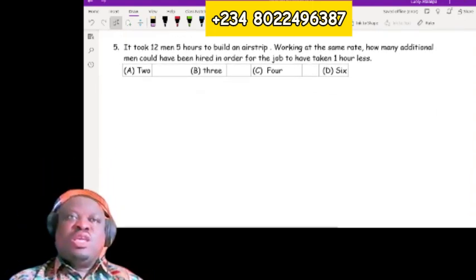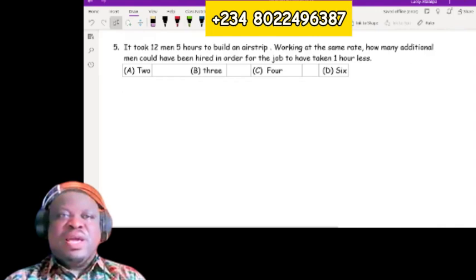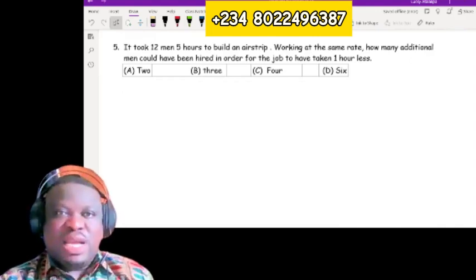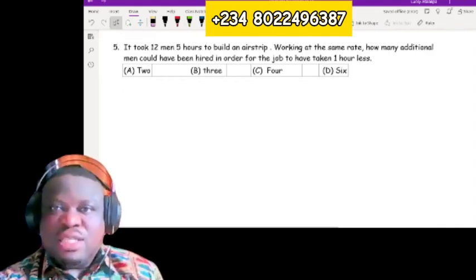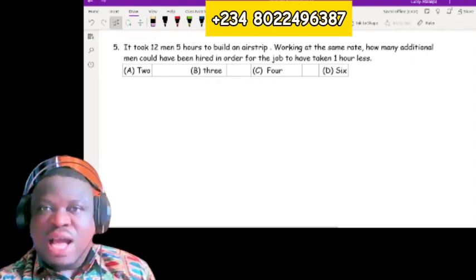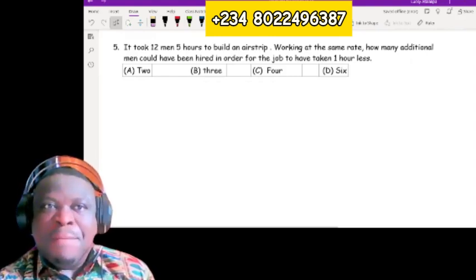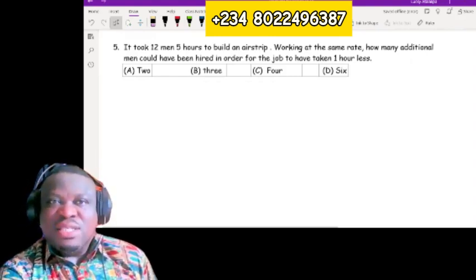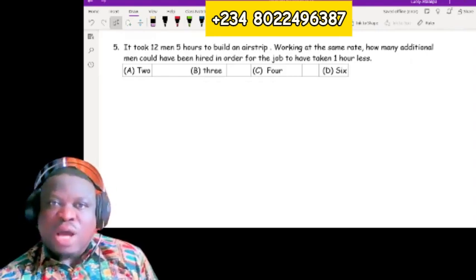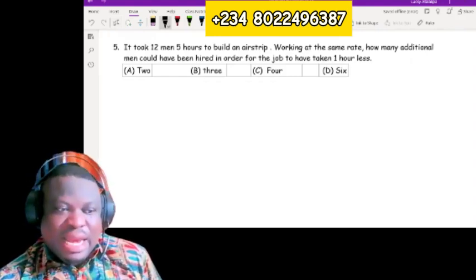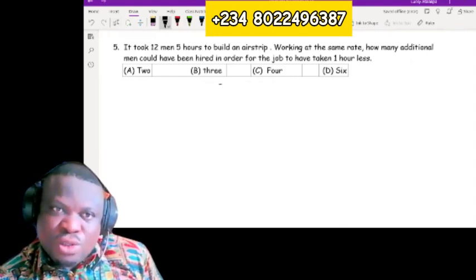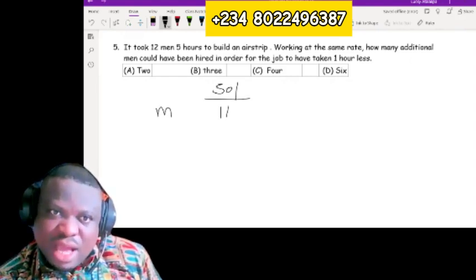It took 12 men 5 hours to build an airstrip. Now, working at the same rate, we are asked to find how many additional men could have been hired in order for the job to have taken 1 hour less. Good. So, solution. I'm going to write men and hours.